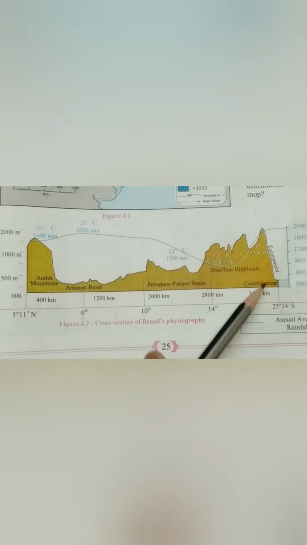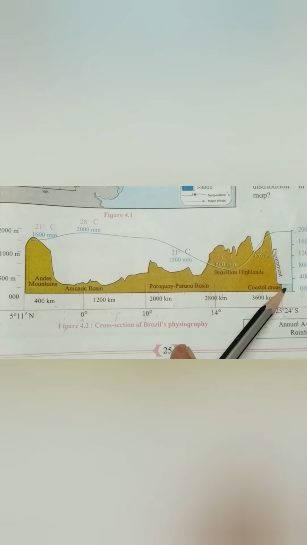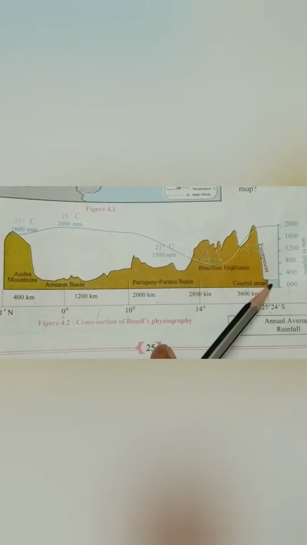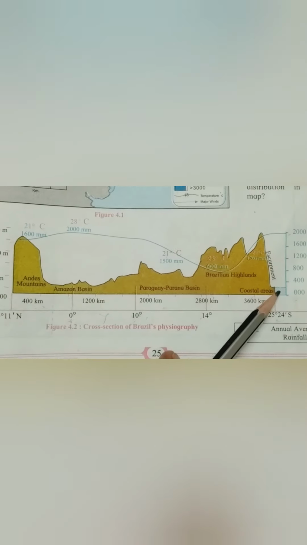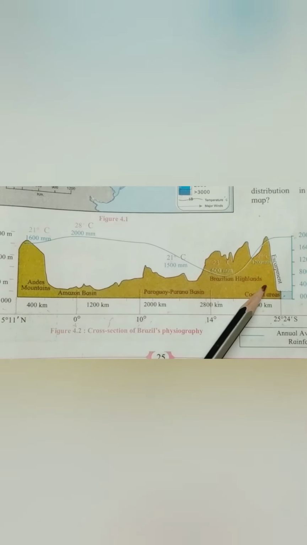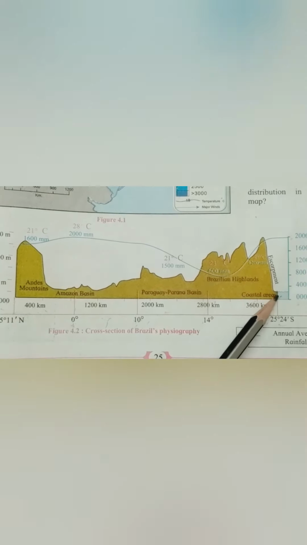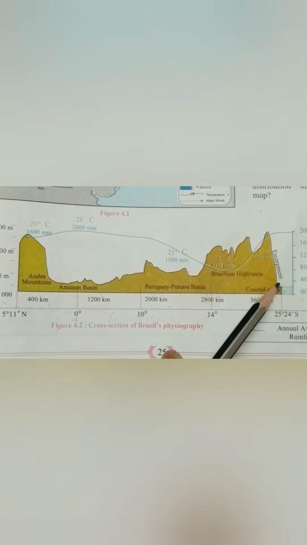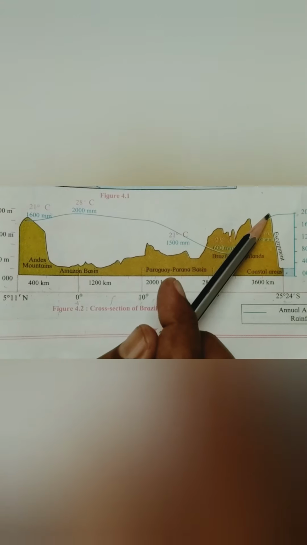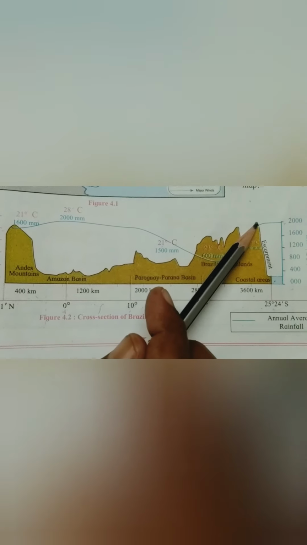Then you can have a look over here. This is the sea, the Atlantic Ocean, from where the trade wind blows towards the Brazilian mainland. As it blows, this is the great escarpment. See the height, it almost reaches 2000 meters.